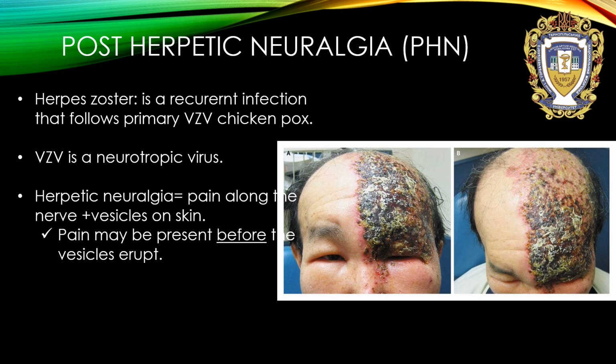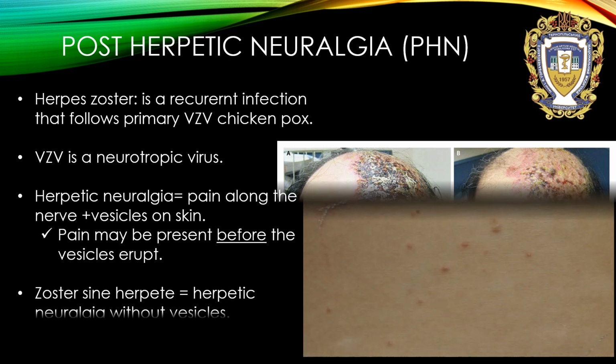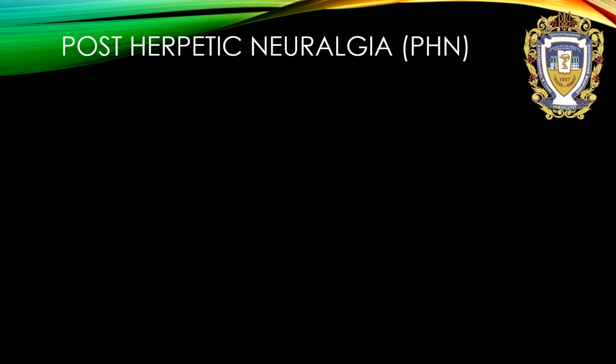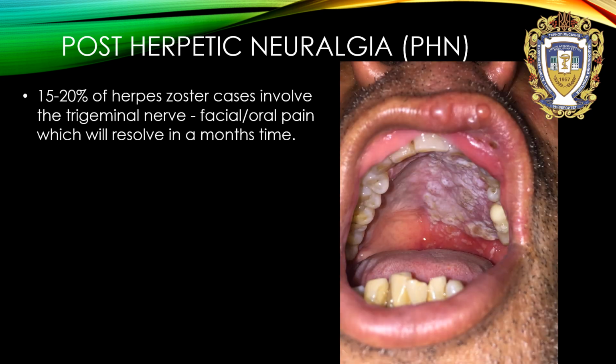Pain may be present before the vesicles erupt. But sometimes we can see zoster sine herpete, herpetic neuralgia without vesicles. 15-20% of herpes zoster cases involve the trigeminal nerve, with facial or oral pain, which will resolve in a month's time.